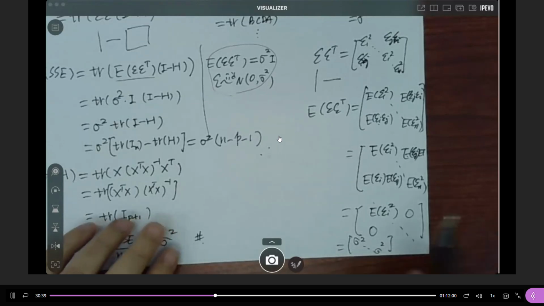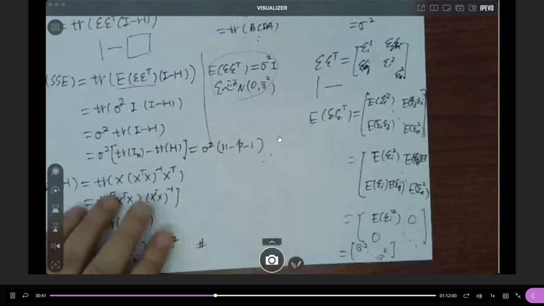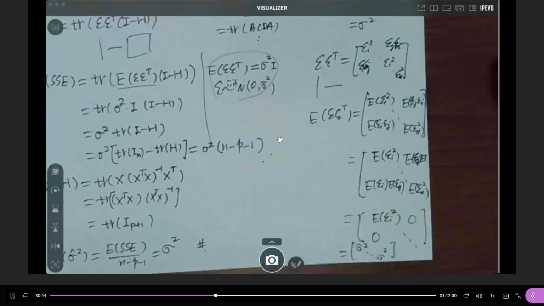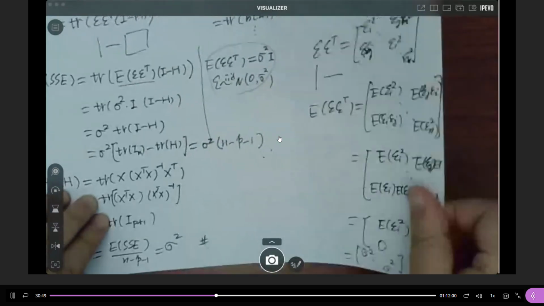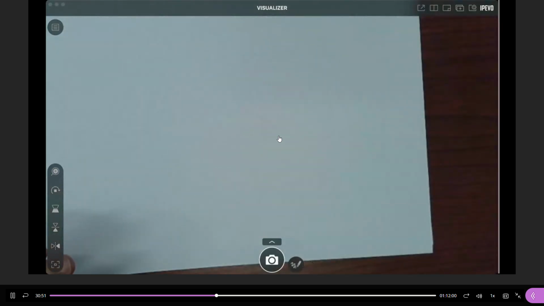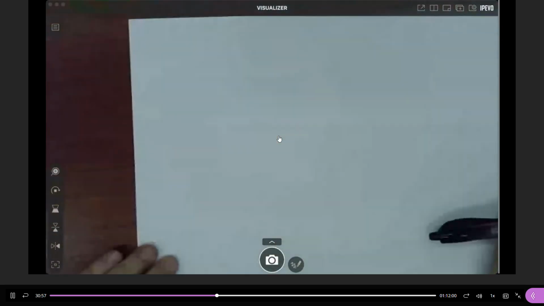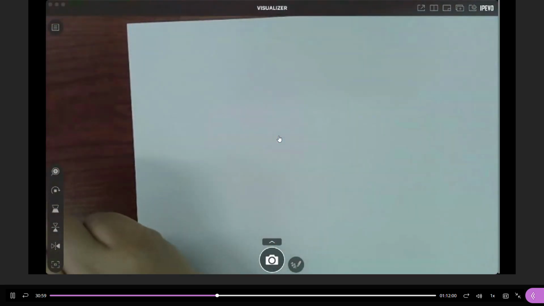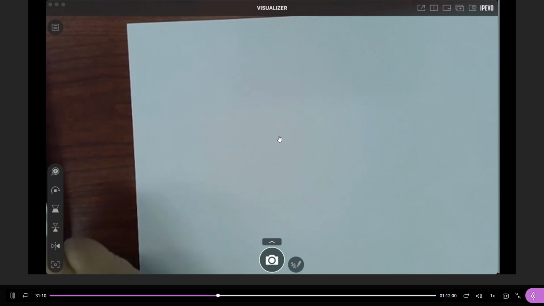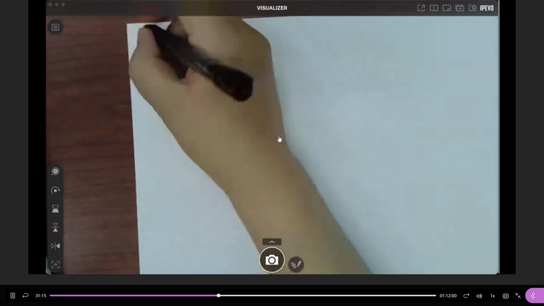Off diagonal, it's 0. So that's why it's equal to sigma squared times I. All right? So that is the remaining part for section 3.6.